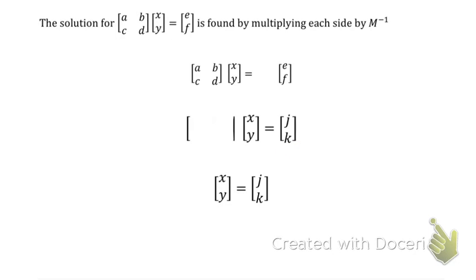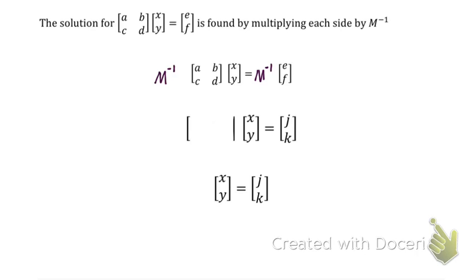And how that's going to look. If I multiply by the inverse of M, it's going to look like this. We're going to multiply the matrix inverse on that side, and we're going to use the matrix inverse on this side, whatever it comes out to. Make a note in your notes. It has to go in this order.